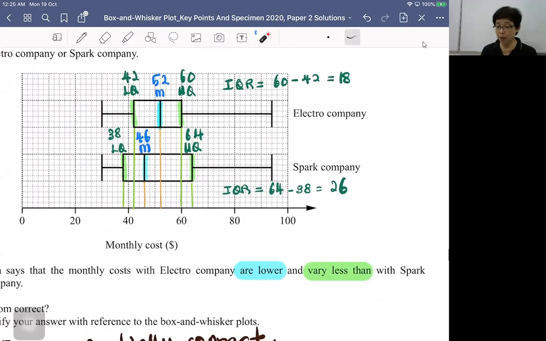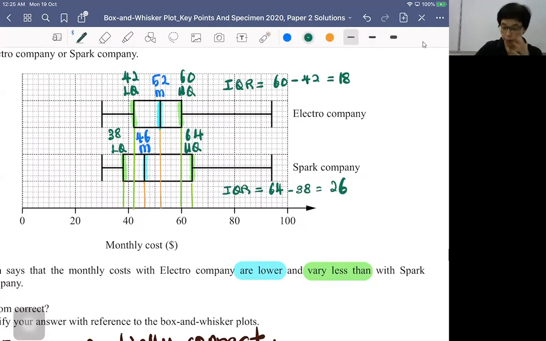And coming back to the statement that Tom has made, yes, you can validate Tom's conclusion. He made the correct statement regarding the variation, but he has made a wrong statement pertaining to the mean.